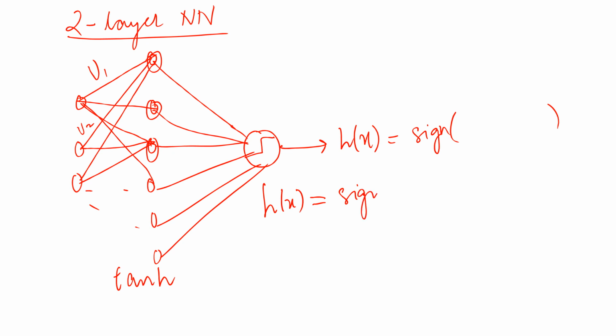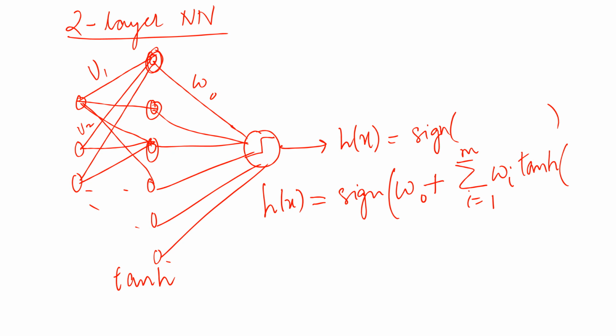So let's say these are the W's, W0 and then all the other W's. I'll have W0 plus the summation of, let's say these are M terms, so i from 1 up to M, Wi's, and then I have to multiply each of the W's by the output of the sigmoid, which is going to be my tanh. And tanh in turn will have the perceptron here, so Vi transpose X, and that's it.